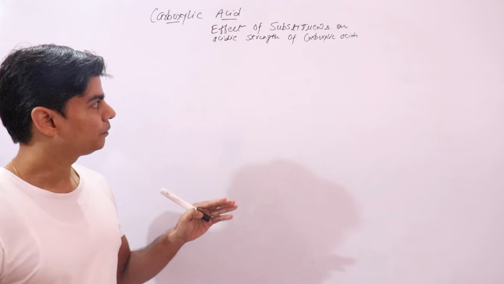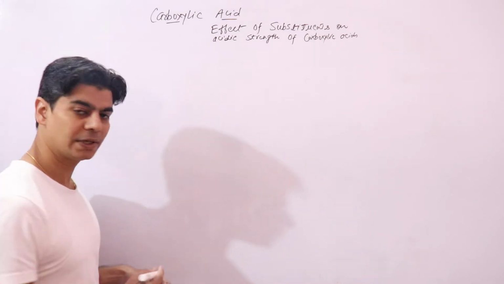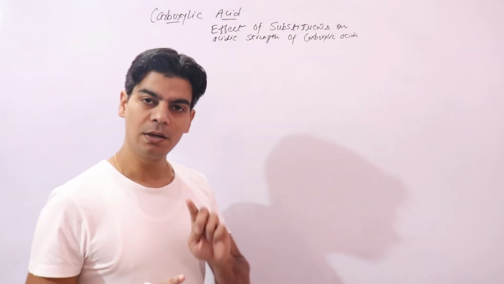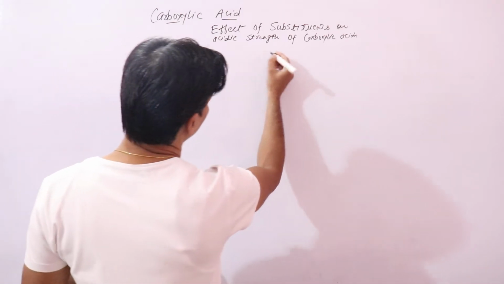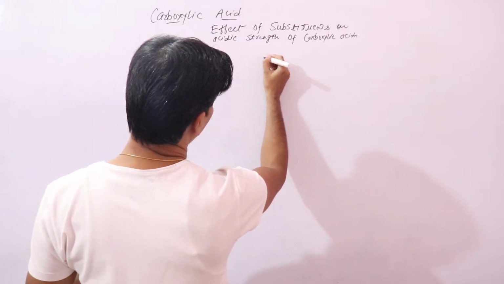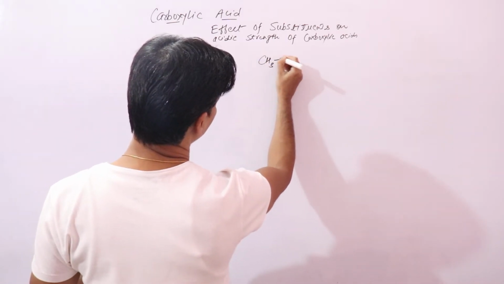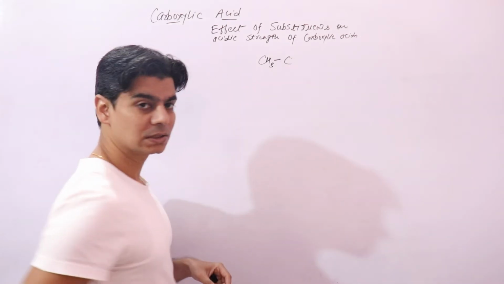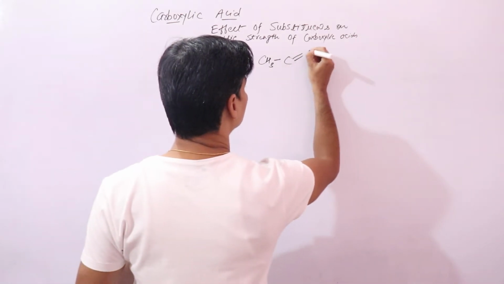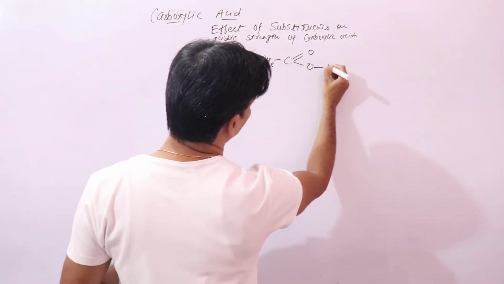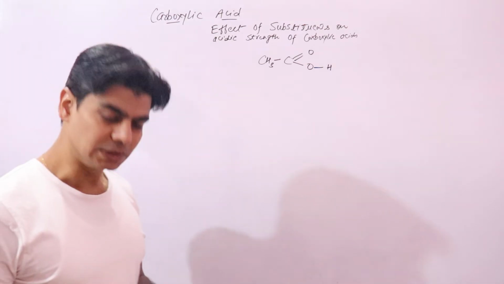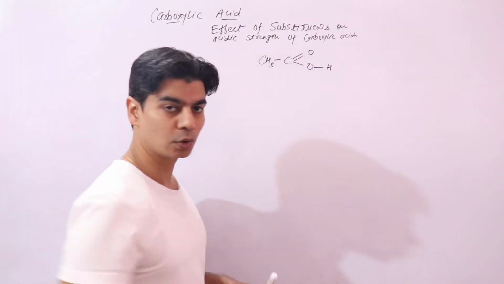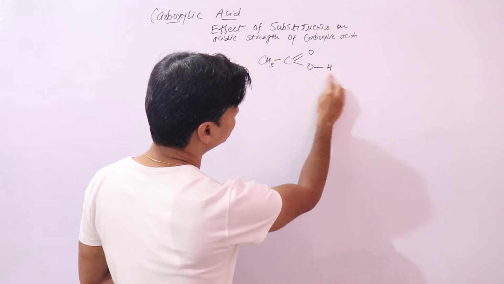So for any acid, let's look at the structure to understand from where exactly this hydrogen ion is released, right? Let's take this acid, acetic acid, right? When we say hydrogen ion is released from carboxylic acid, it is released from this OH bond.